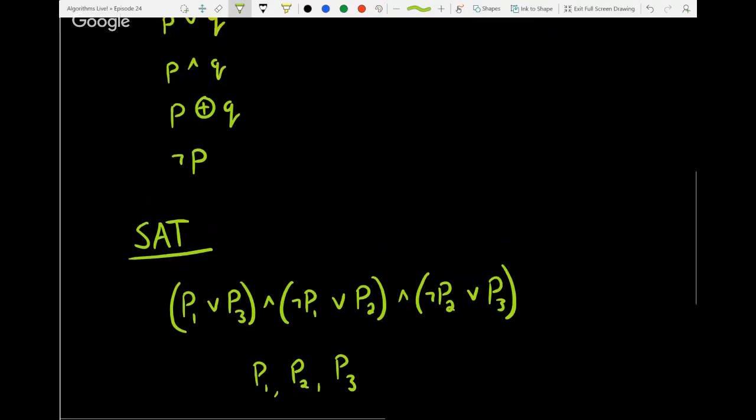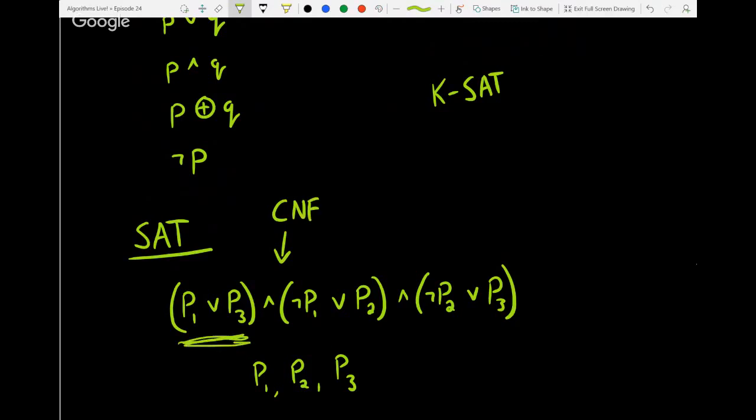But there is this thing called kSAT that we're going to talk about. I'm just going to define what kSAT looks like. What I have here is something called conjunctive normal form. And what I mean by that is we have a bunch of disjunctions, which are or statements, stuck together with conjunctive statements, so ands.